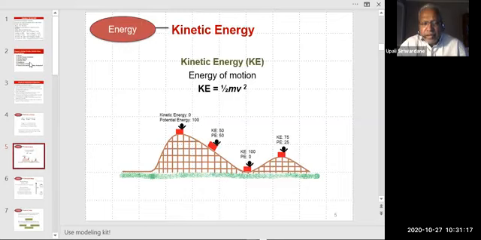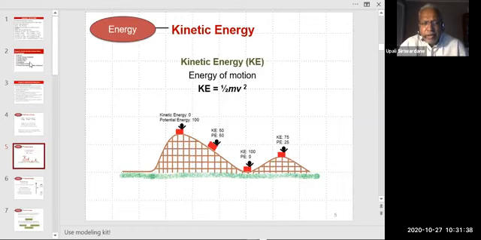As the kinetic energy gets lower, at the highest point there is a lot of potential energy, but there is no kinetic energy. So kinetic energy and potential energy are interconverted.